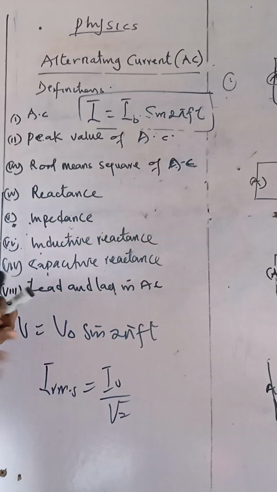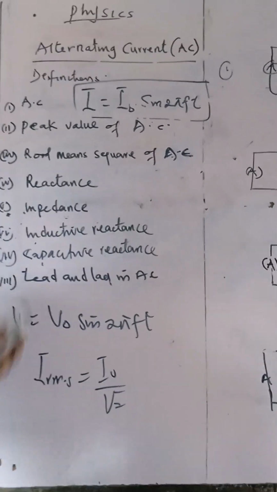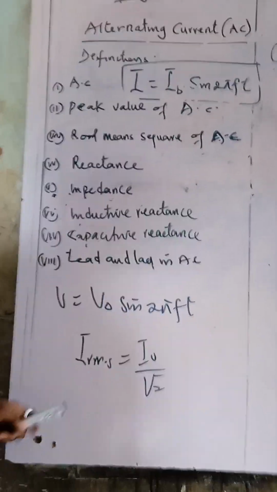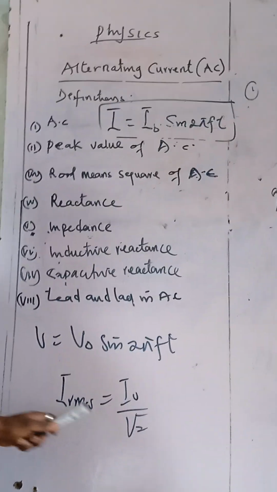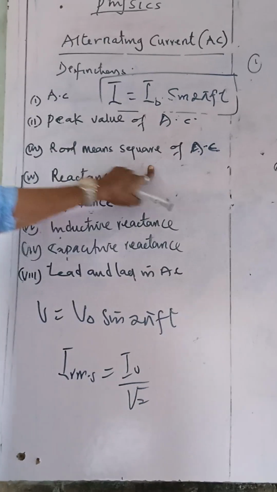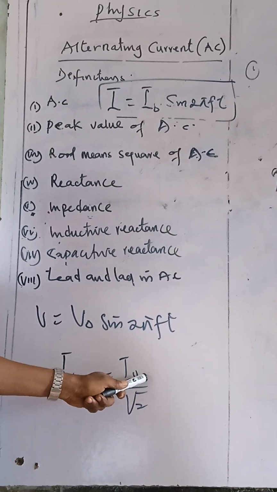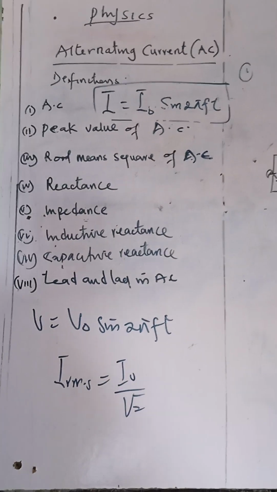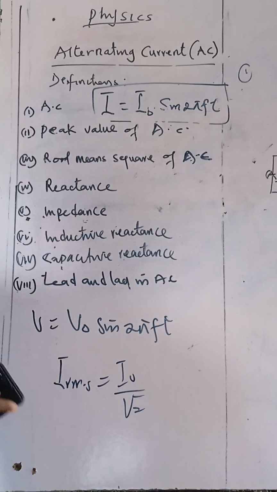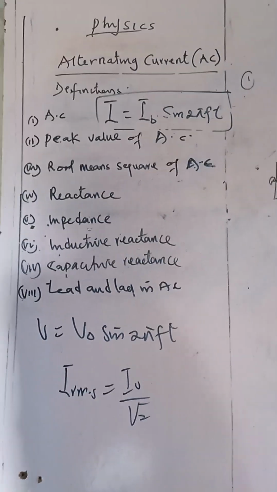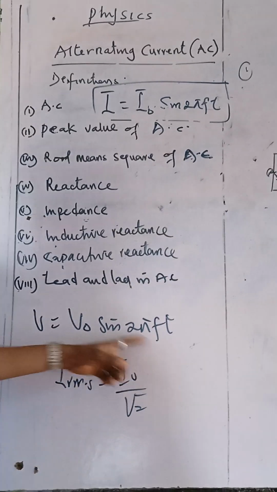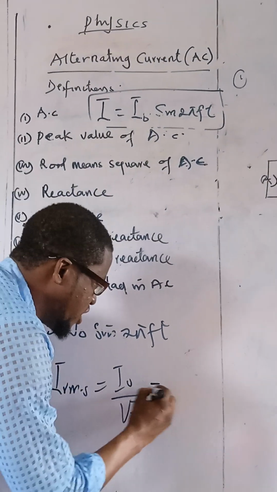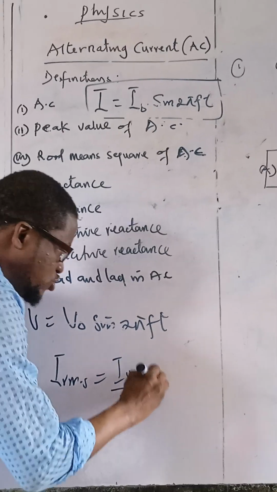Now, the relationship between peak and RMS. This formula shows their relationship. And if you want to know the RMS current, which is this, you have to know the peak current, which is this, divided by what? Root 2. So when you are asked to show the relationship between RMS and peak current, this equation shows their relationship. At the same time, I can generate another relationship.